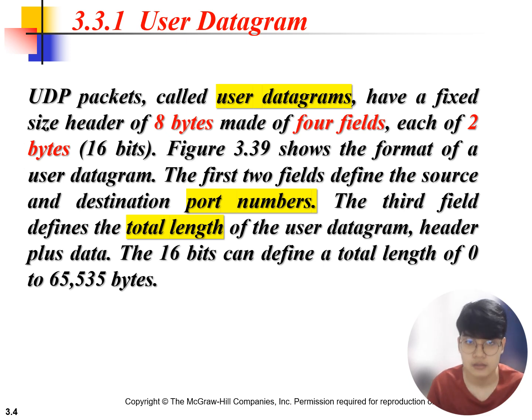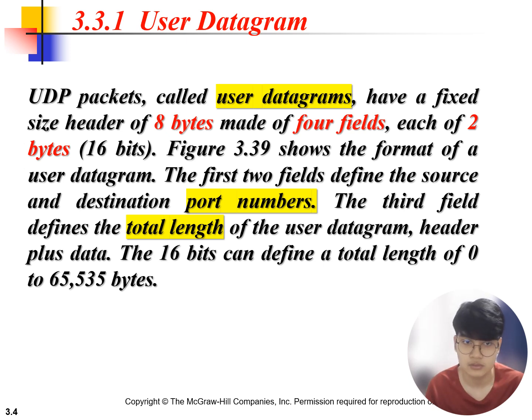UDP packets, called user datagrams, have a fixed-size header of 8 bytes made of 4 fields, each of 2 bytes. Figure 9.39 shows the format of a user datagram. The first 2 fields define the source and destination port numbers.